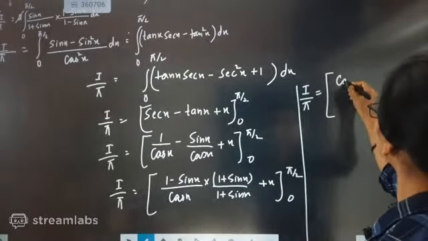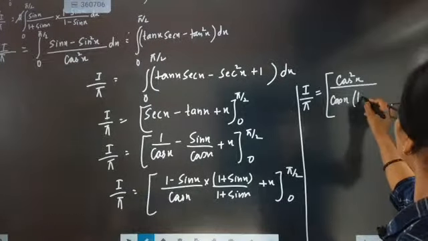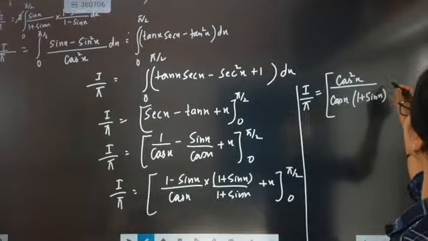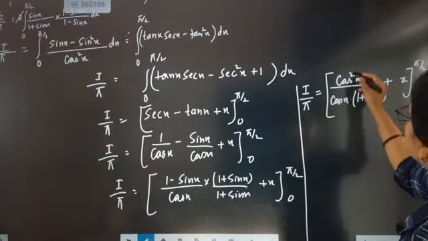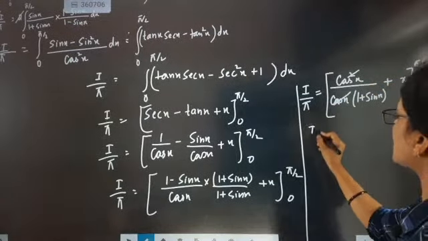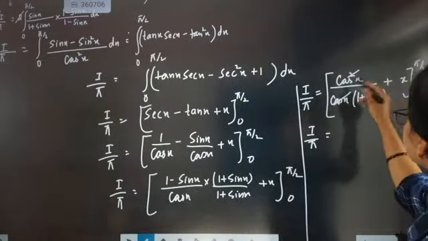So it is going to come as cos square x by cos x times 1 plus sin x, and this part is plus x from pi by 2 to 0. This and this got cancelled. So I by pi, when you substitute, it will become this part.